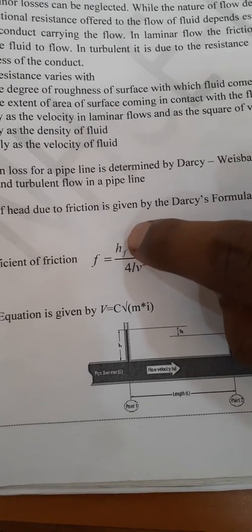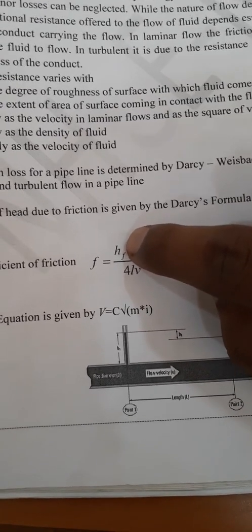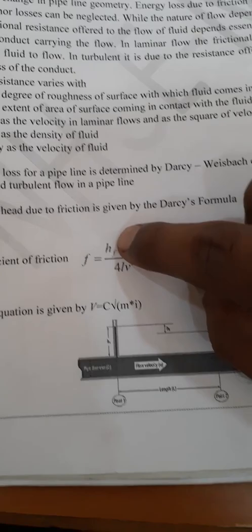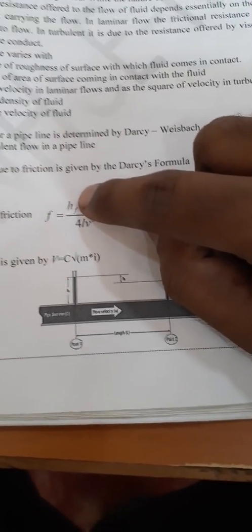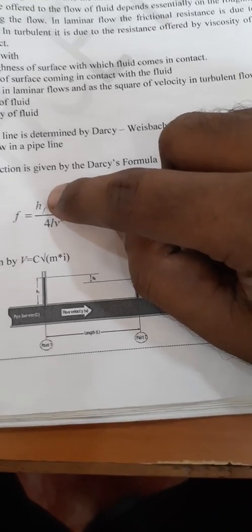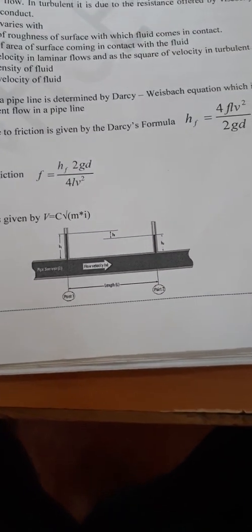Then in this expression, what is hf? hf is the head loss. In the manometer we got a difference of 50 mm. So 50 into 10 power minus 3 into 12.6, because the 50 mm we got is X. X into 12.6 is equal to hf, so we get hf.